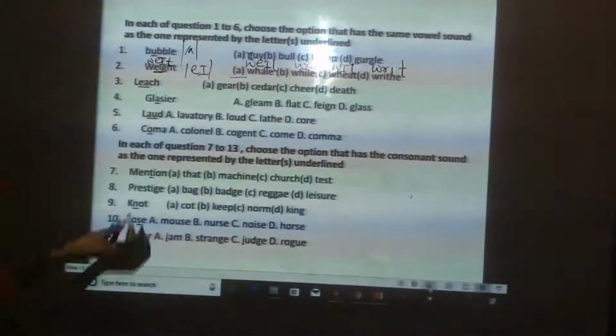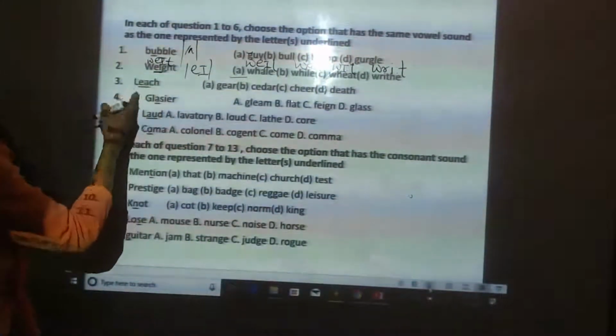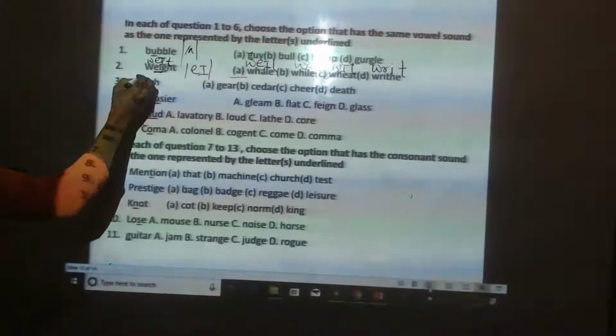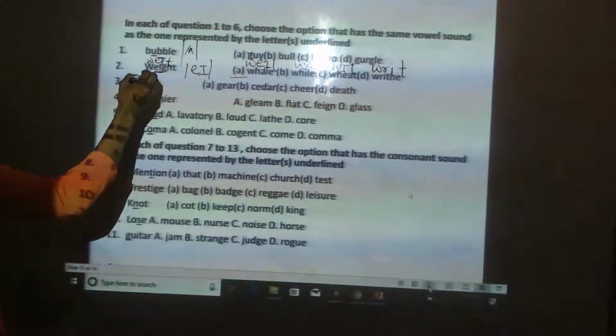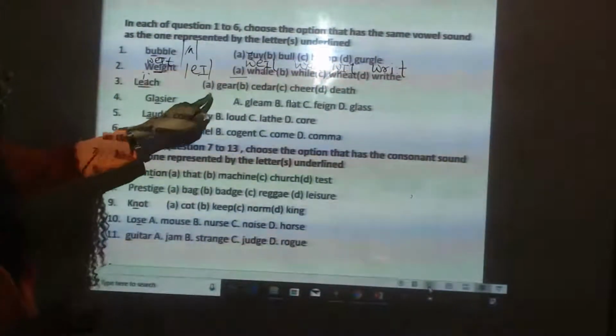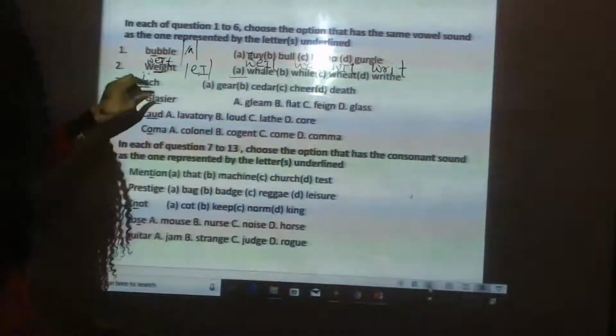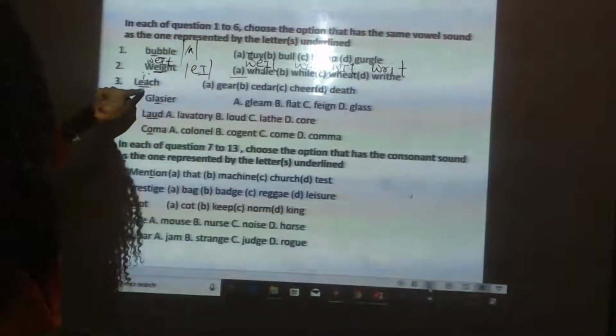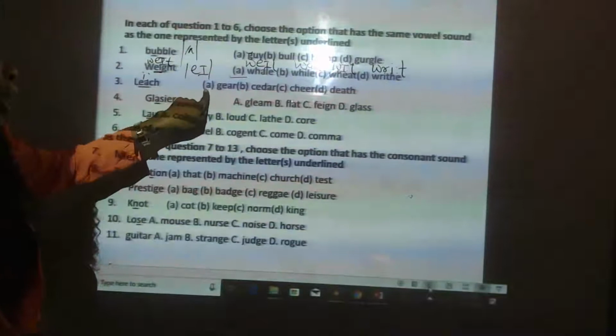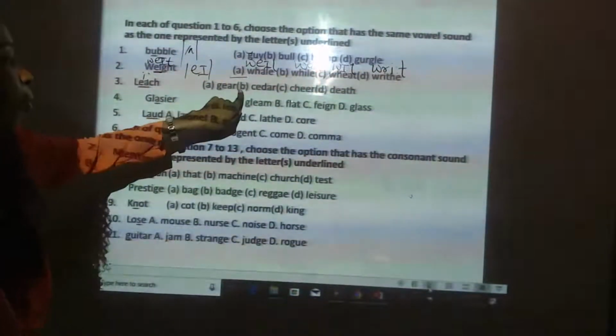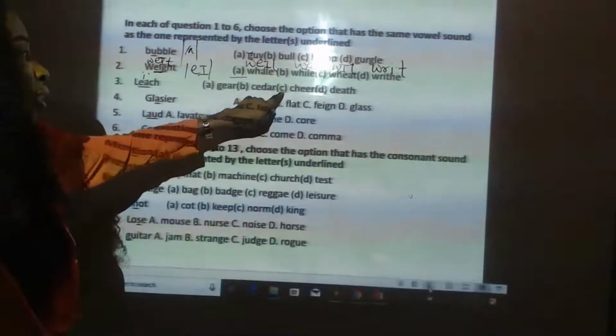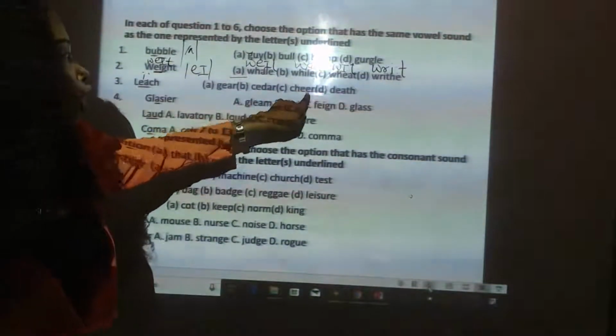The next one we have leech, and Lee here is giving us the long E sound. Now let's look at the options to identify the one that has the same vowel sound with leech here. A, we have gear. B, we have cedar. C, we have cheer.